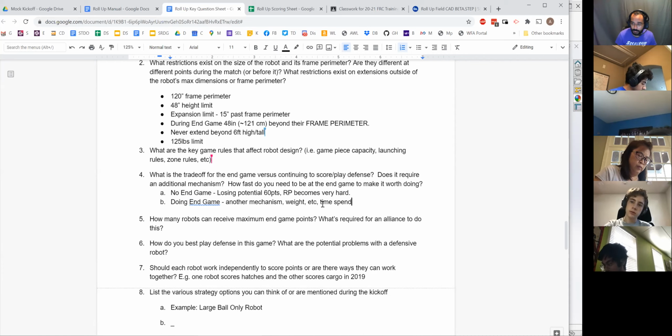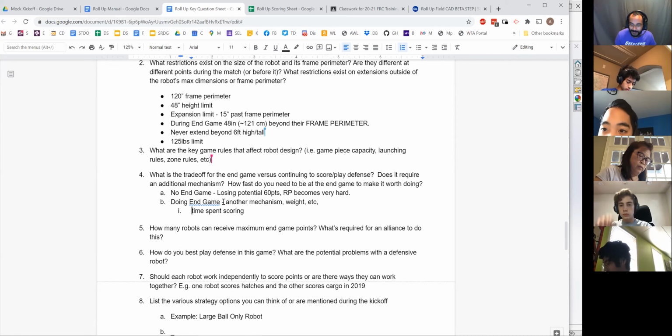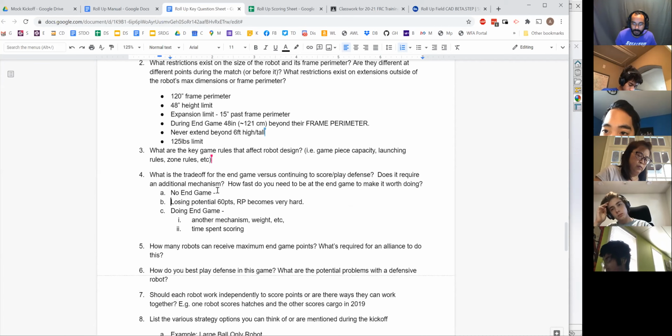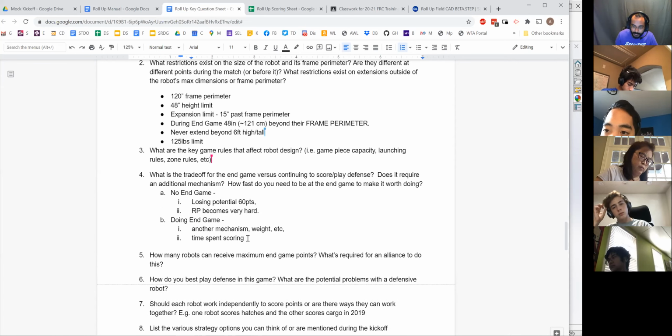Time spent shooting or scoring is probably a better word, because launching the balls doesn't matter if they don't go in the goals. Those are the main two things, right? That's what we're sacrificing.